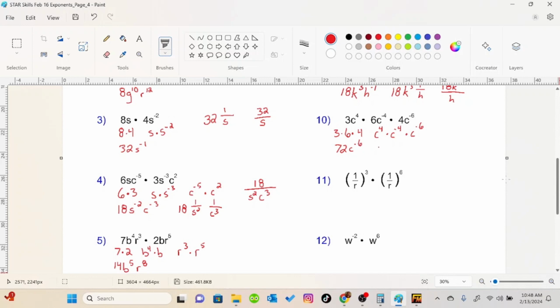This would be rewritten as 72 times 1 over c to the 6th, and could be simplified as 72 over c to the 6th.